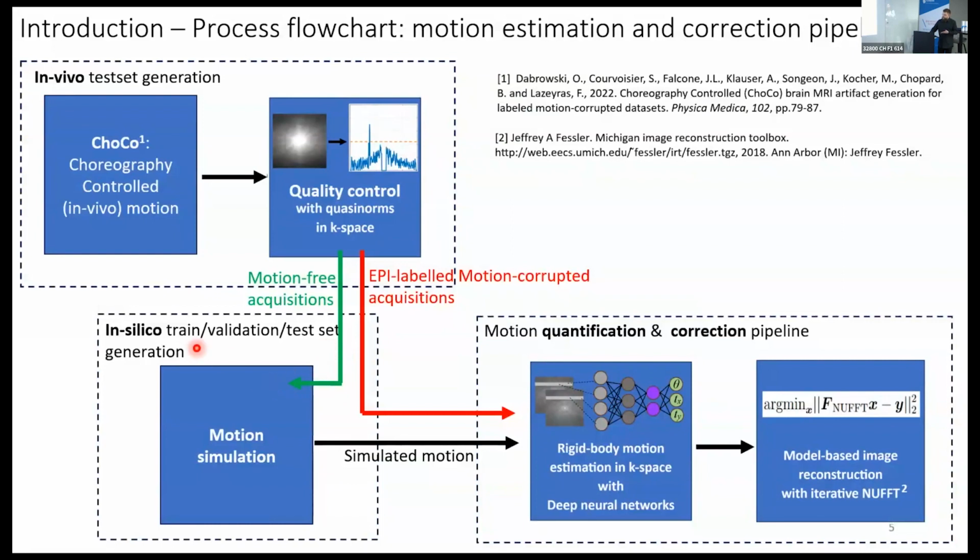So for the training set, we simulate motion on these motion-free acquisitions, and the other usage is to create motion-controlled in vivo test sets to assess the generalization performance of these deep learning models. Once we have trained these models, we then correct the motion using a model-based approach based on the NUFFT, which stands for non-uniform fast Fourier transform.